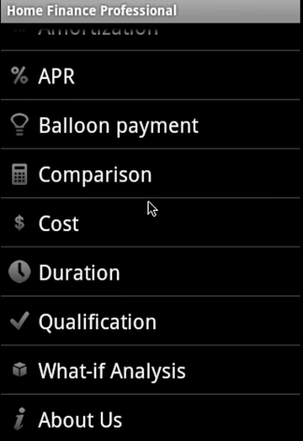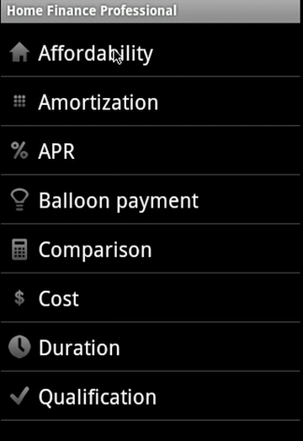And what-if analysis allows you to perform what-if analysis by providing three variables. You can actually calculate the fourth variable. Let's go through each of them.